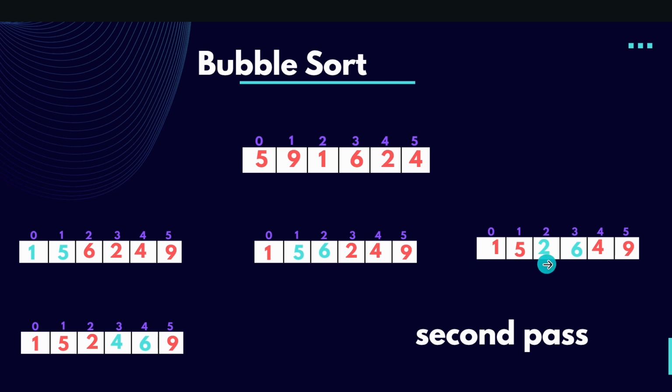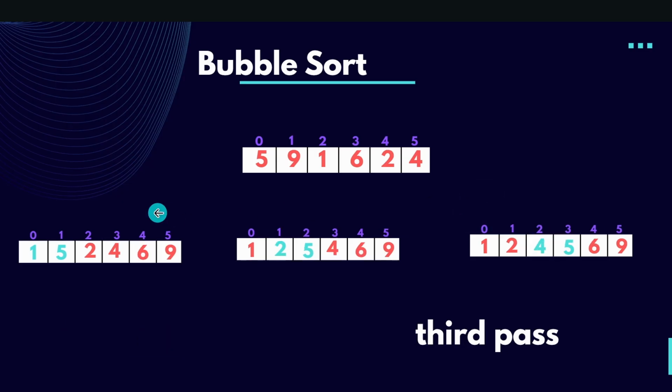Next 6 and 2 will be compared, so swap, because 6 is larger. Then 6 and 4 will be compared, then swap. As 6 is the second largest, it will take the second last position of the array. So by the end of the second pass, you will have the second largest number, 6 in this case, in the second last position.